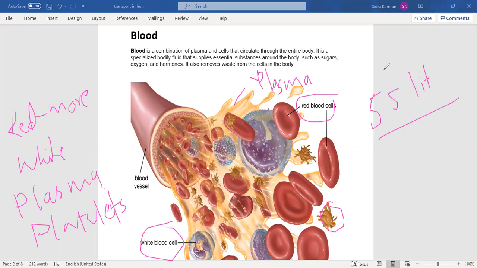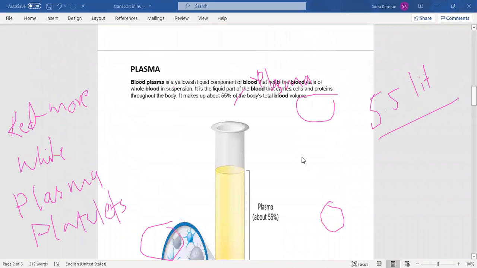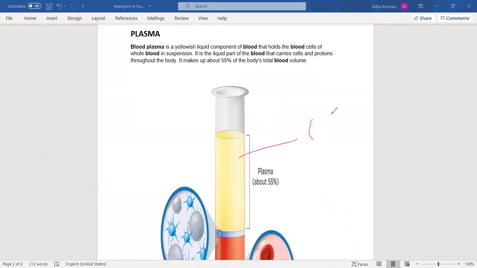So let's discuss one by one plasma, red blood cells, white blood cells, and platelets, and their functions. Let's talk about plasma first. As I said, plasma is a yellowish component of the blood. It contains different components: waste from the intestine, urea, carbon dioxide, and hormones.